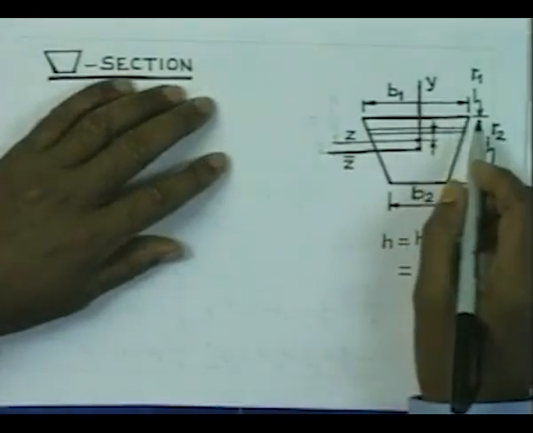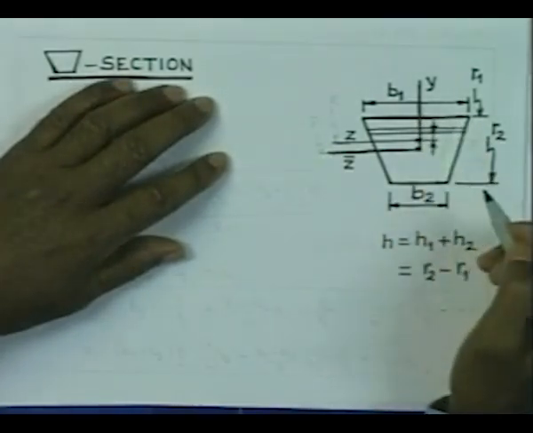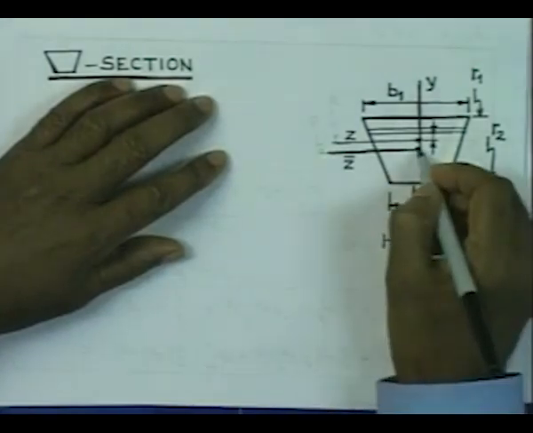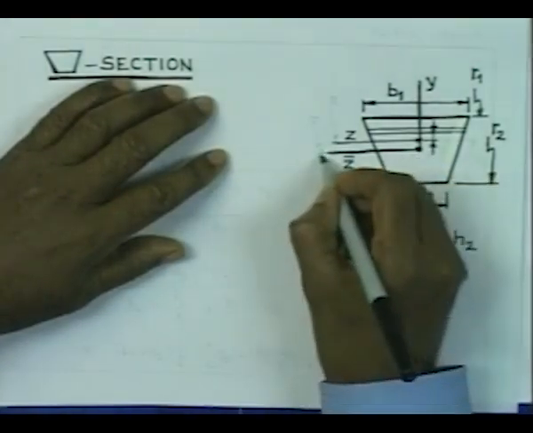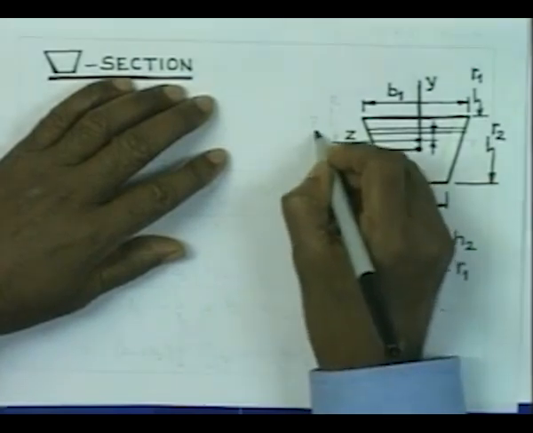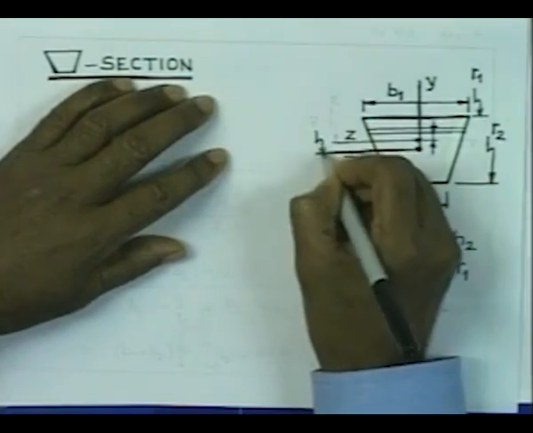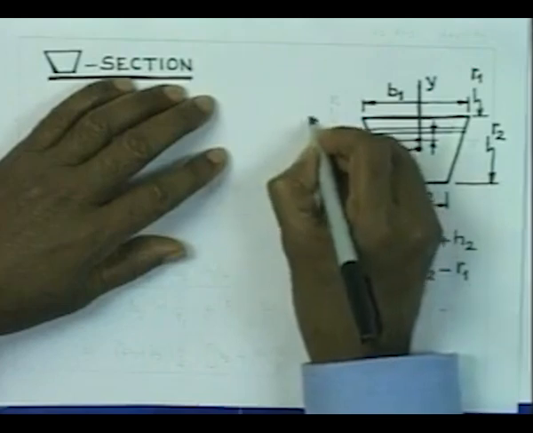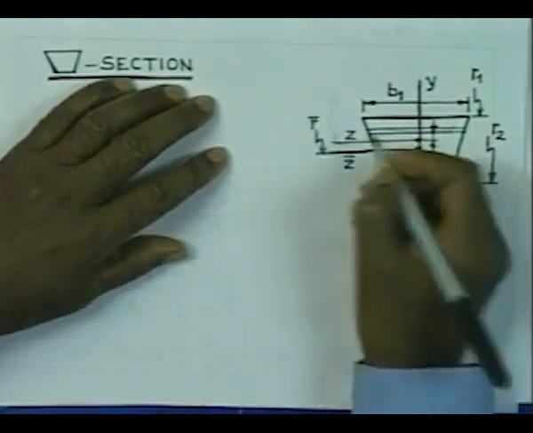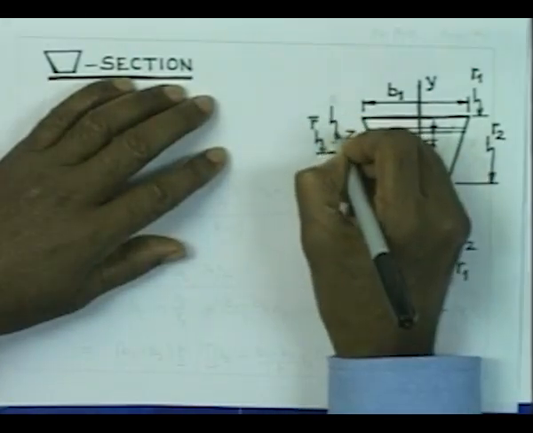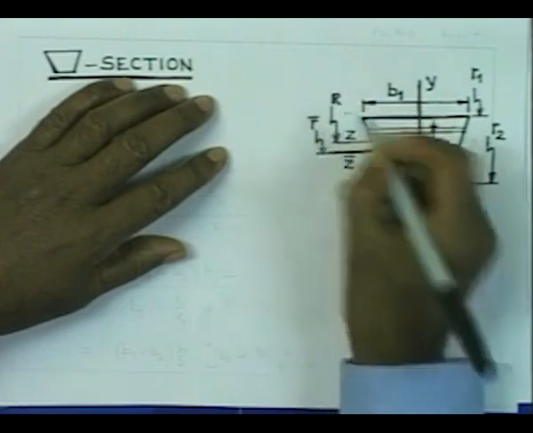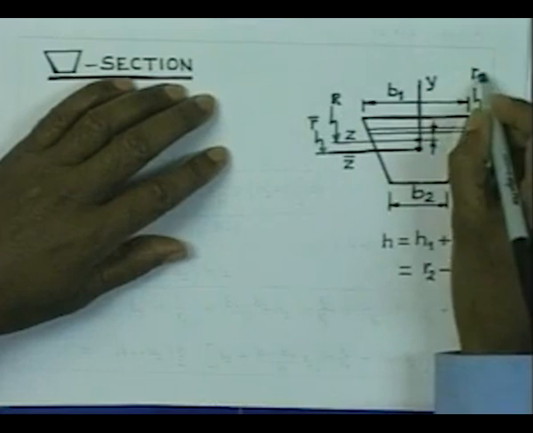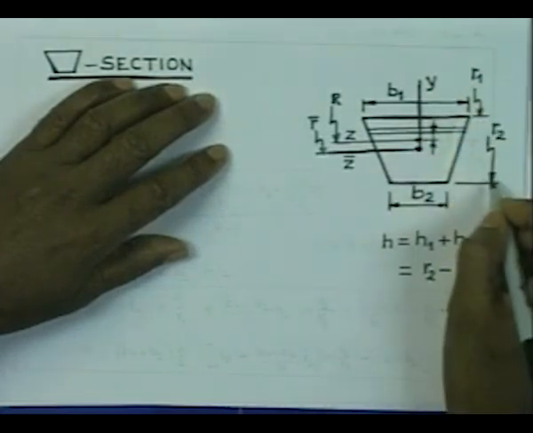Consider the typical section to be as shown here. The center of gravity of the cross section is located here. As usual, we consider that the radius of curvature of the centroidal axis is r bar, and the radius of curvature of the neutral axis is r, and we show the extreme fiber radii to be r1 and r2.